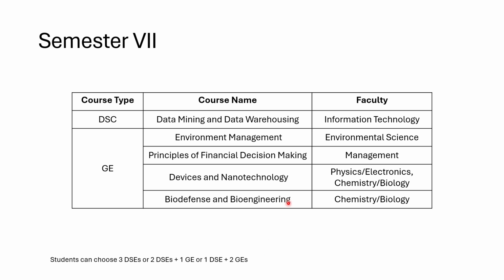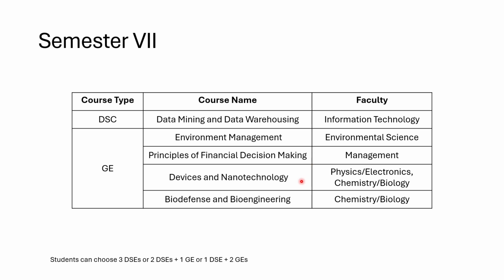Alright, now coming to the syllabus. From IT, you have a DSC, which is data mining and data warehousing. Now coming to the GEs, okay? You get environment management, which is taught by the environmental science faculty. Dr. Dorje Dawa takes this paper. From management, you have principles of financial decision making.